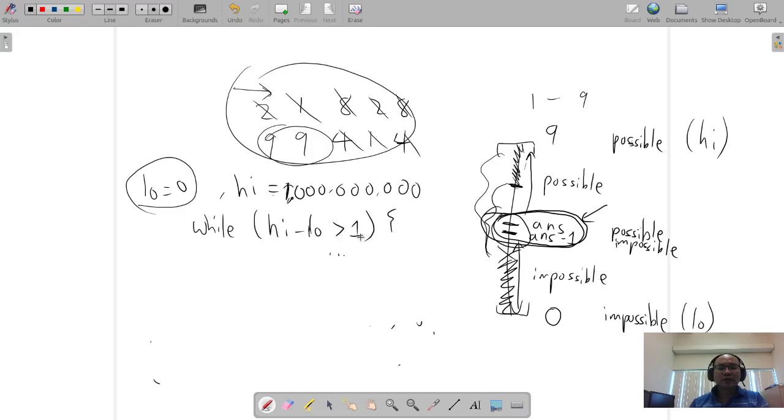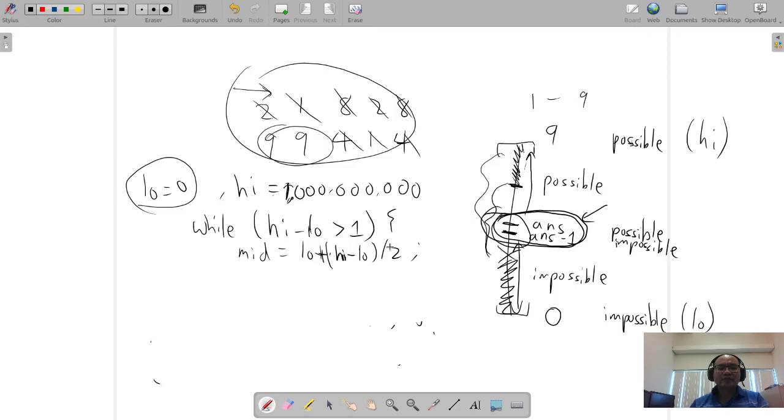So as long as they're not next to each other, you do what, right? Mid is low plus (high minus low) over 2. This is the better way of writing binary search for integers. For floating point numbers like the previous problem, it doesn't actually matter. But here, this will make sure that there's no overflow even if I am at the high range.